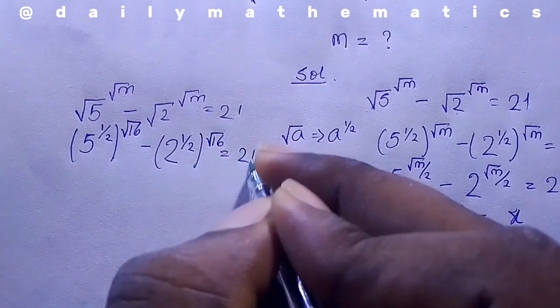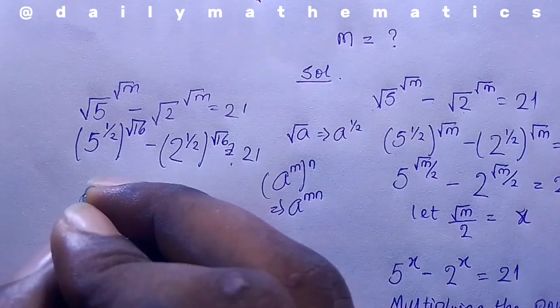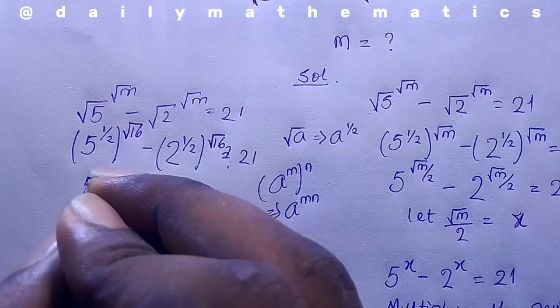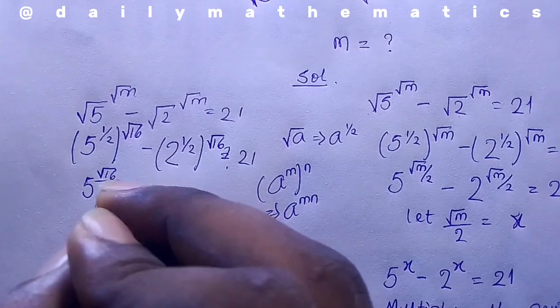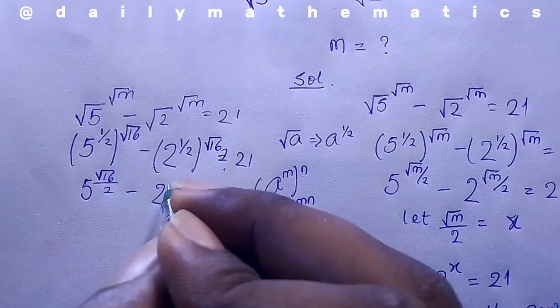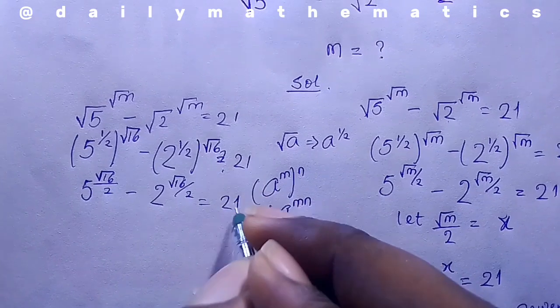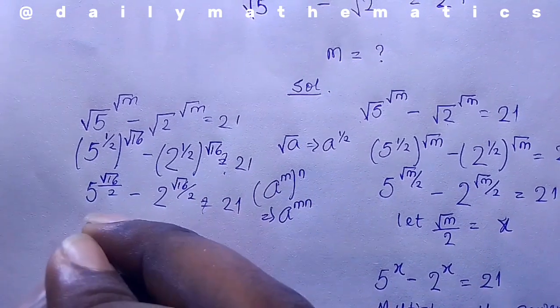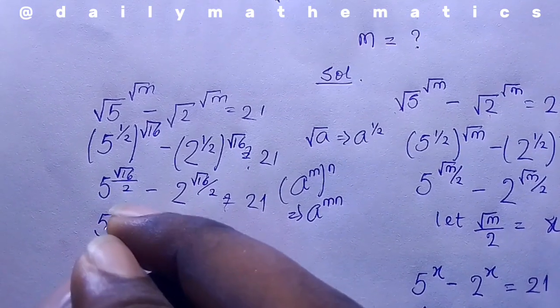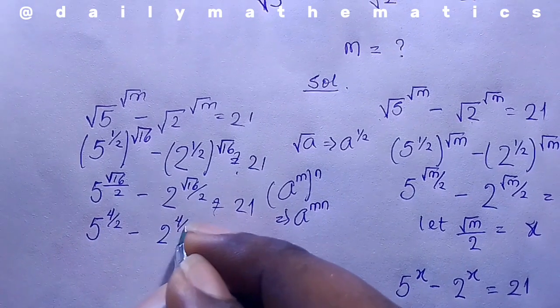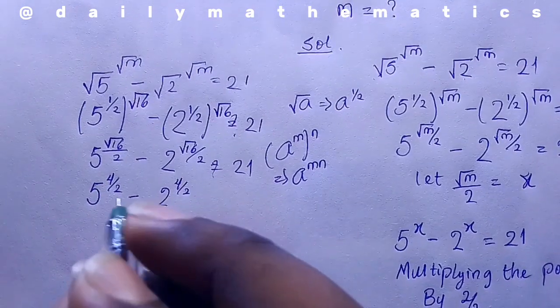Does it give us 21? Right? So from here we have 5 raised to the power of 1 over 2 times root 16, which gives root 16 over 2, minus 2 raised to the power of root 16 over 2. Does it give us 21? Right? So from here, root 16 is 4, so 5 raised to the power of 4 over 2 minus 2 raised to the power of 4 over 2. 4 over 2 gives us 2.